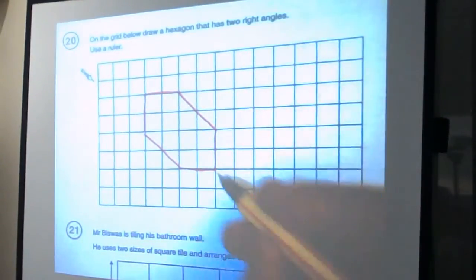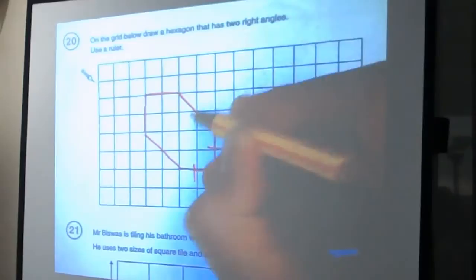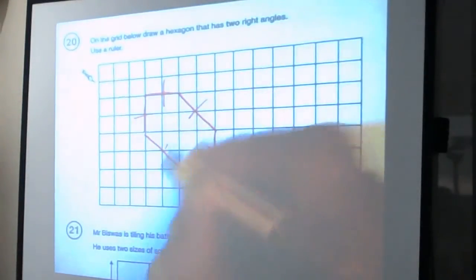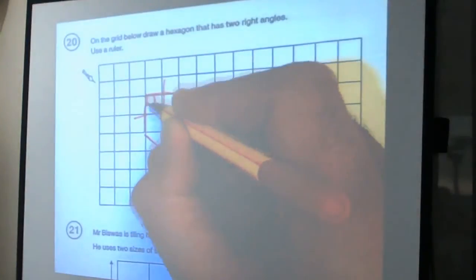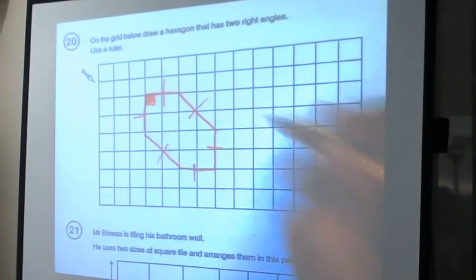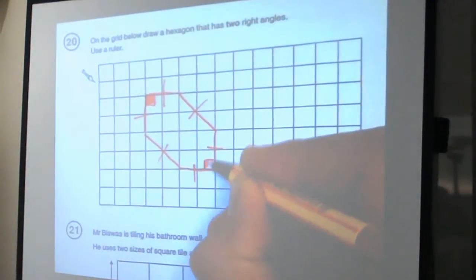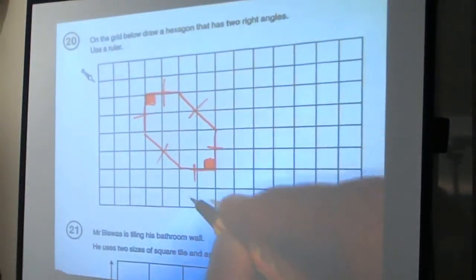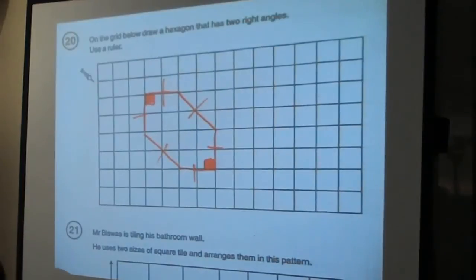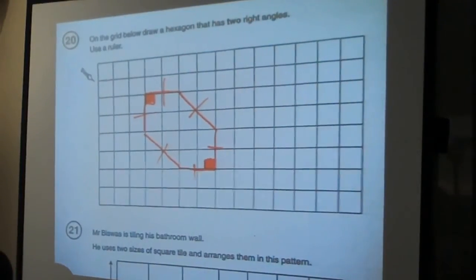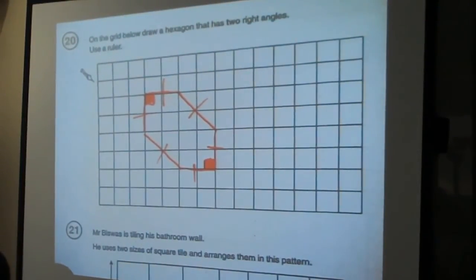Okay, how many sides do we have here? 1, 2, 3, 4, 5, 6. I have drawn a shape and it's got how many right angles in it? 1 and 2. You can have so many different types of shapes. 1, 2, 3, 4, 5, 6. You've got bang on. Lovely.